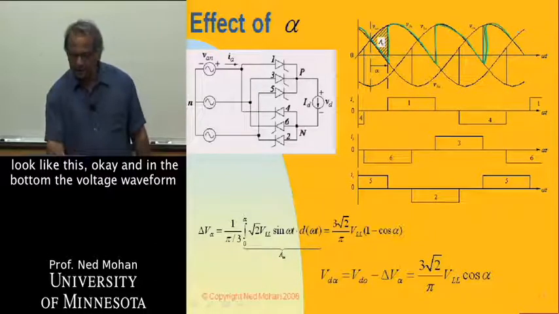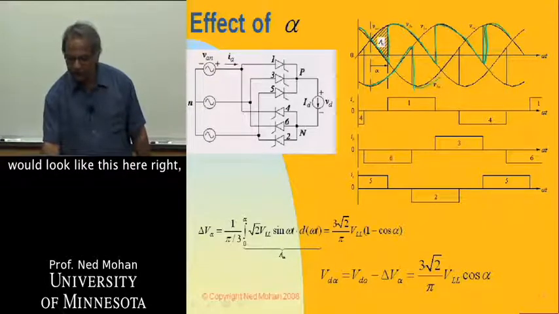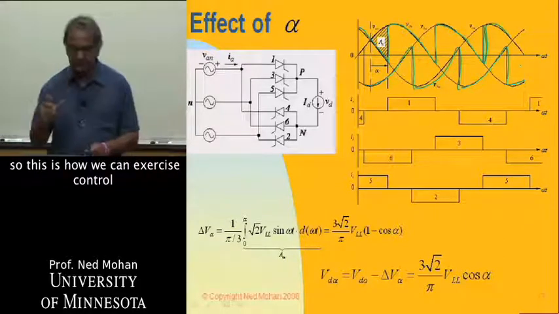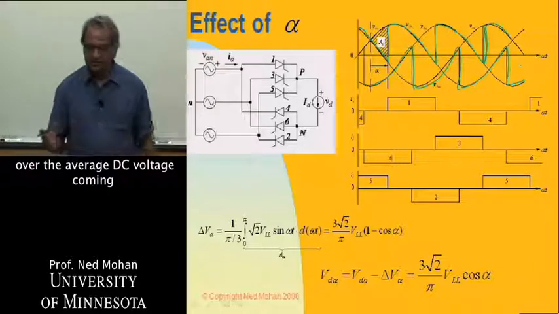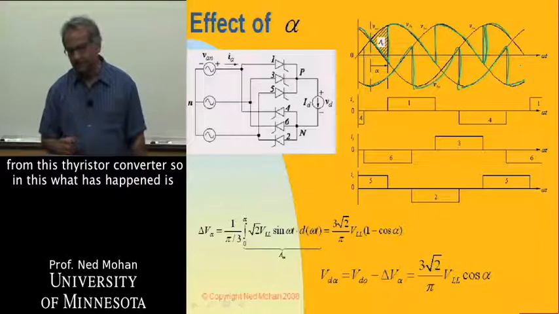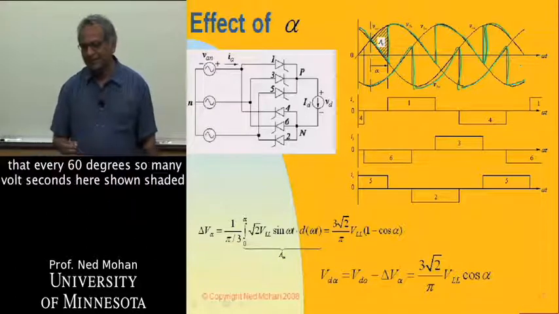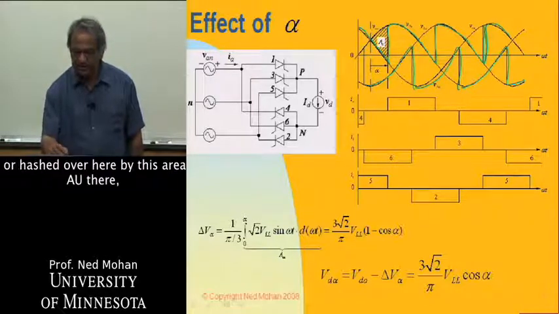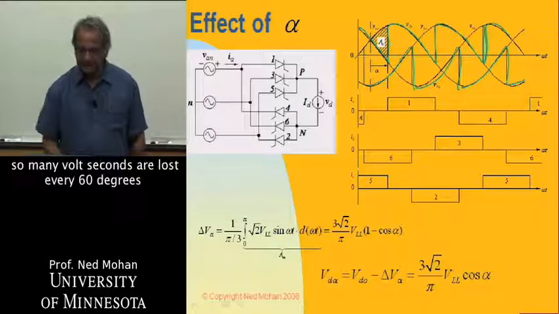And in the bottom, the voltage waveform would look like this here. Right. So this is how we can exercise control over the average DC voltage coming from this thyristor converter. So in this, what has happened is that every 60 degrees, so many volt seconds, here shown hashed, are lost over here by this area AU.